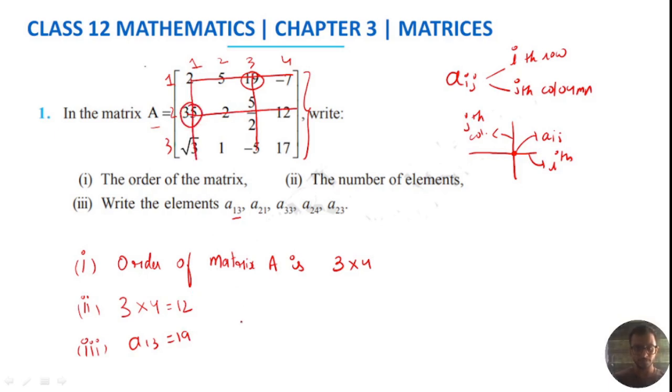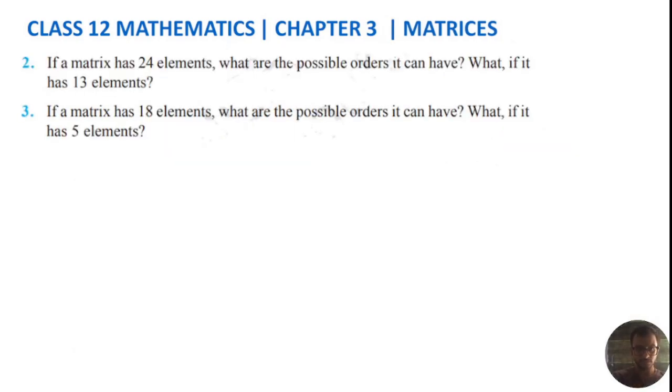That is this element. So A21 is 35. Now A33, third row and third column intersection, that is -5. Now find the remaining two yourself so that you get some practice also. So let's move to the next question.